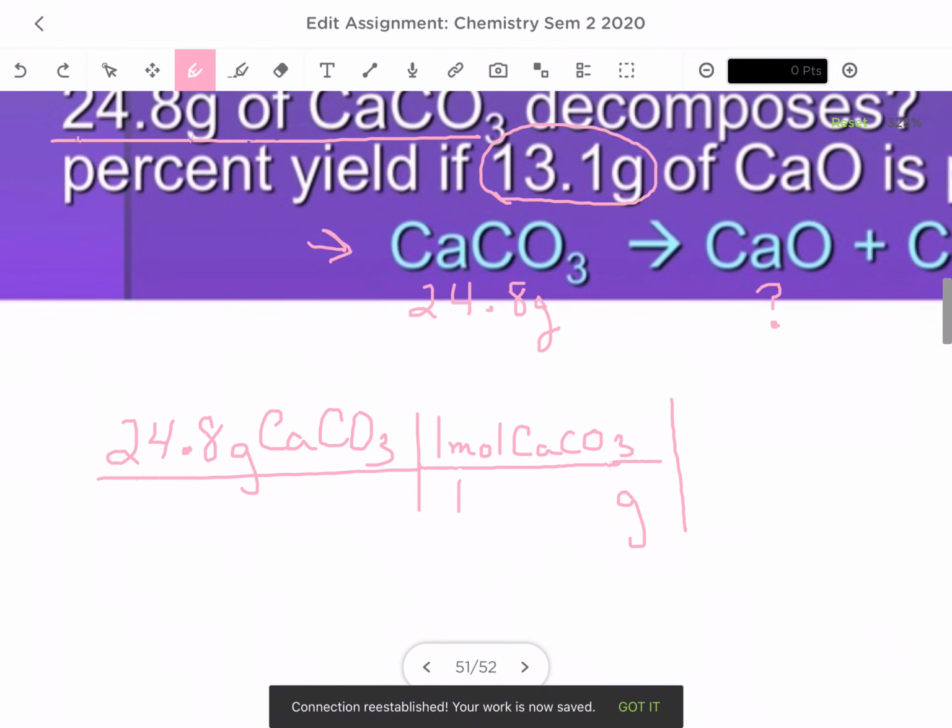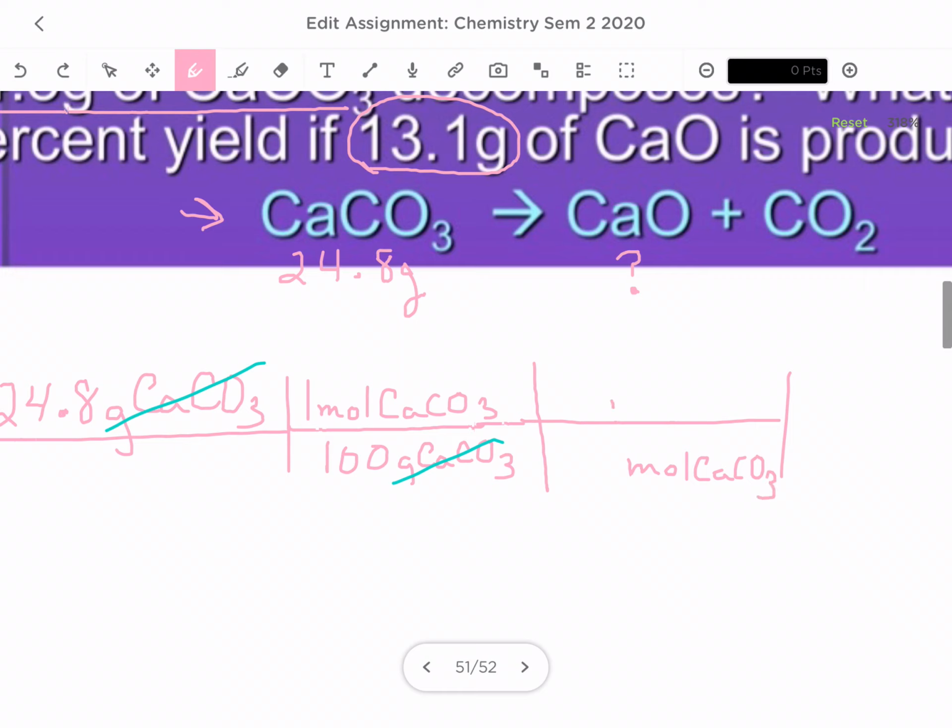I know this has to go on the bottom, so it cancels. I'm trying to find moles of CaO on top, because that is what I am looking for. So moles, and then look at my balanced chemical equation. Well, wait, is this balanced? Yes, it sure is. Okay, so it's 1 and 1. So this cancels.